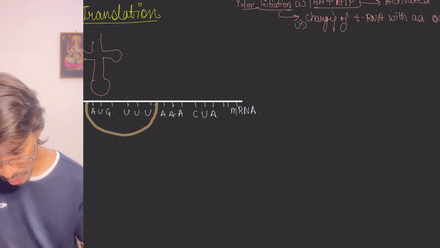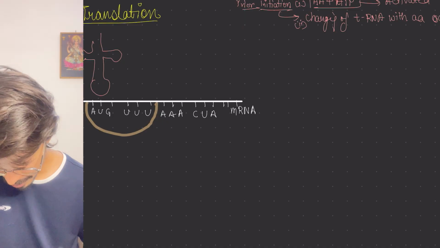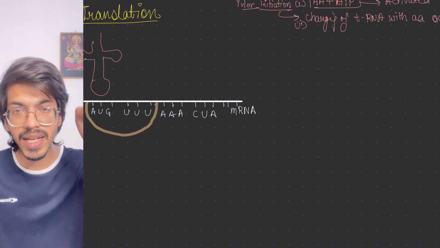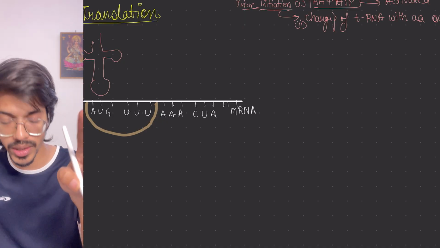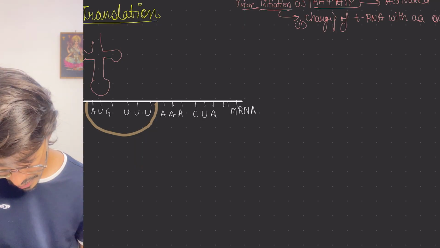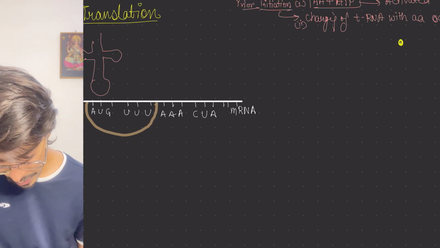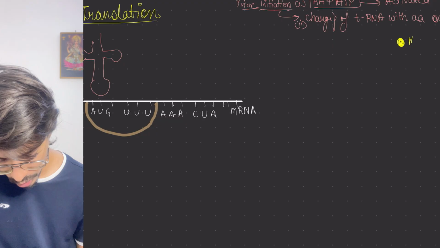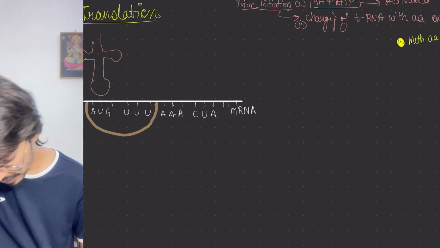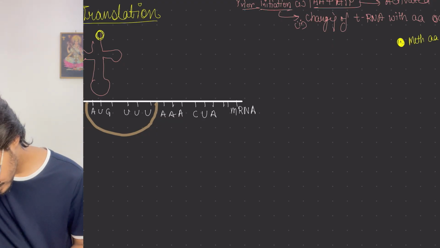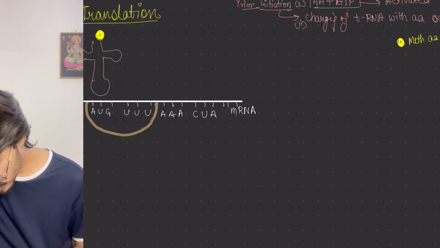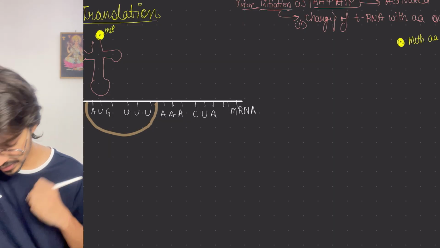For example, in the first case, AUG is there. AUG always corresponds to methionine. So imagine that this is your methionine amino acid. It will go and attach over here. So this is your methionine, the first amino acid.